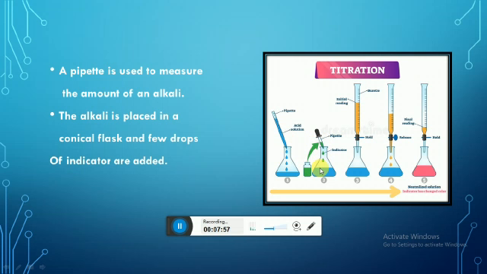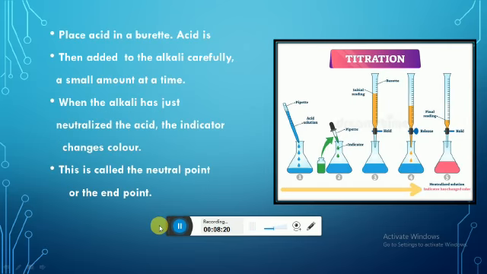Now in the third step, place acid in a burette. If you put acid solution in it, now you can definitely put base into the burette as well. It's up to you whether you use acid or alkali. So place acid or alkali carefully in the burette, and release it in small amounts using the tap.